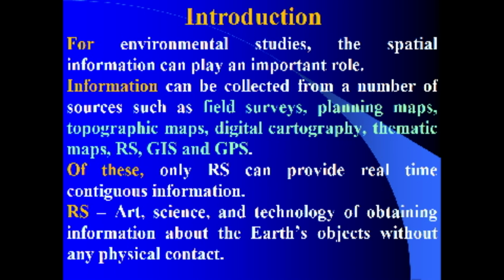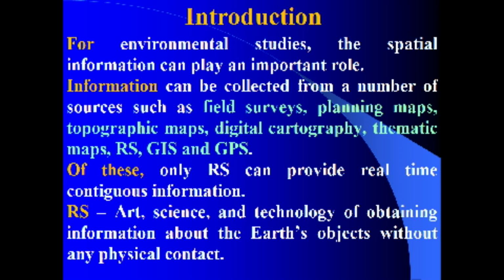For environmental studies, spatial information can play an important role, and such information in general can be collected from a number of sources, such as field surveys, planning maps, topographic maps, digital cartography, thematic maps, remote sensing, GIS, and GPS. Of these, only remote sensing can provide real-time contiguous or aerial information.